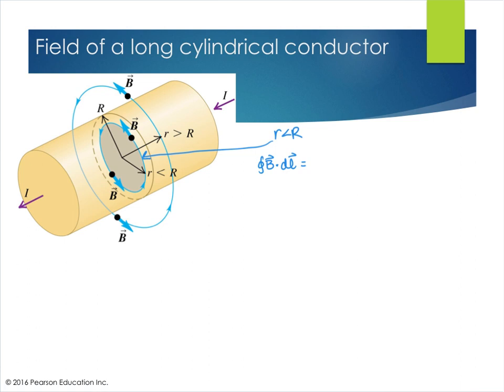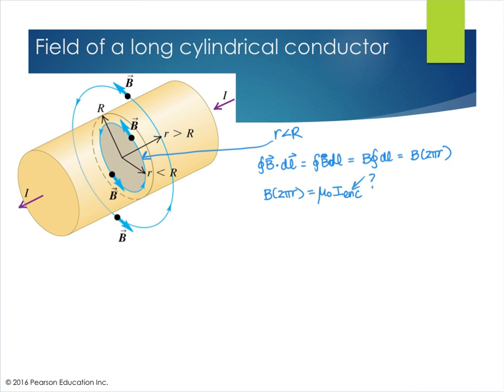That means that for our integration, the magnetic field and dl are parallel to each other. And we also expect the magnetic field to be constant on that path. And when we integrate the entire path, we're still going to get 2 pi r. Now the idea here is, though, now we have to worry about this.